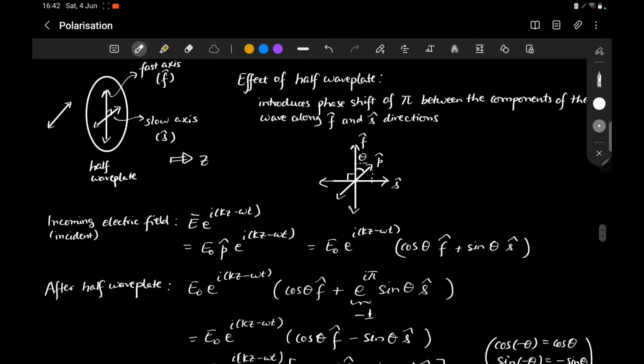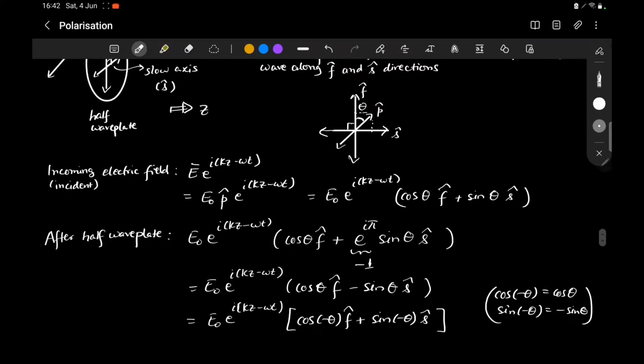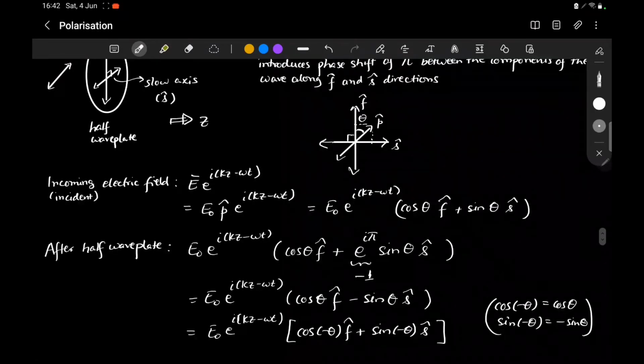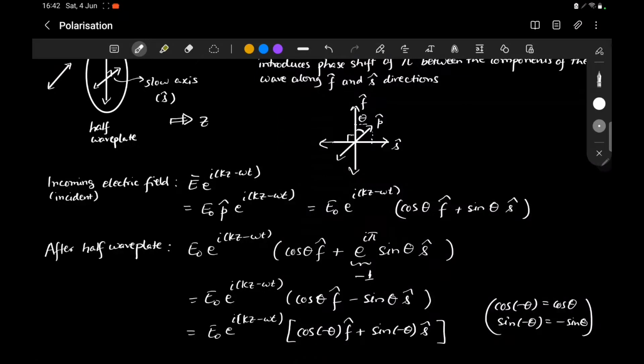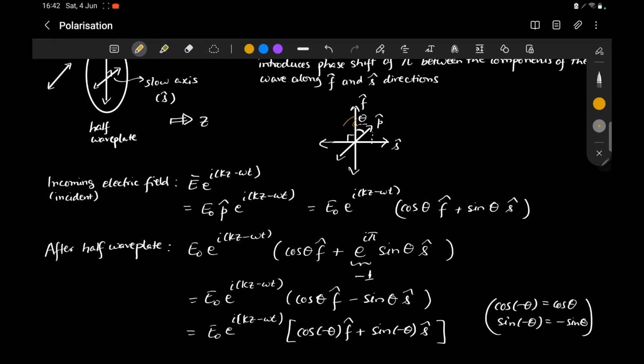So when we have a linearly polarized incoming electric field, the wave plate is essentially rotating the polarization vector through an angle 2 theta. If we draw the diagram, the output electric field has a polarization along this direction, making angle minus theta. So if the right side is positive theta, then the left side would be negative theta.